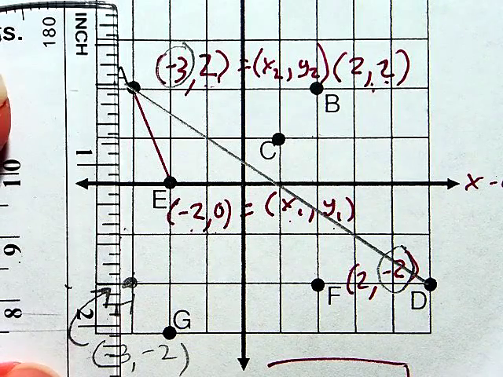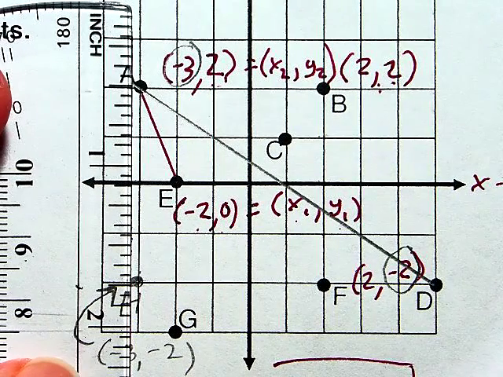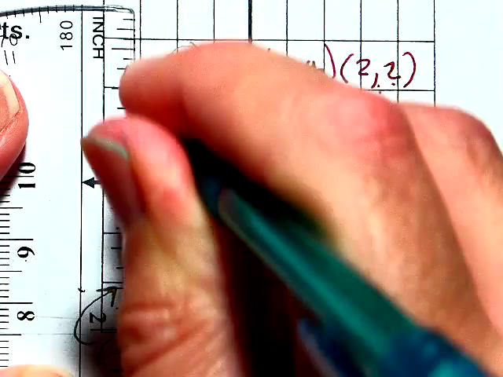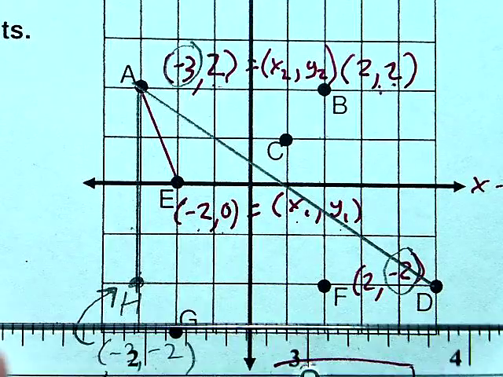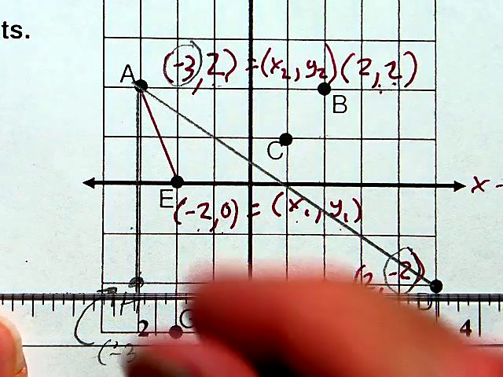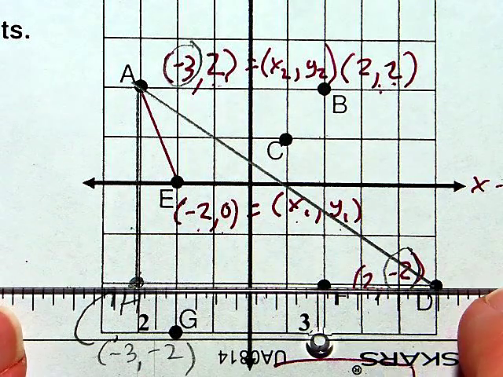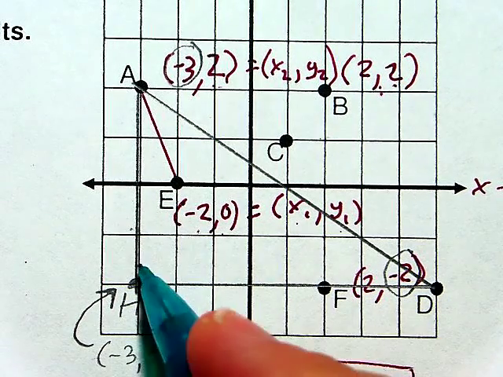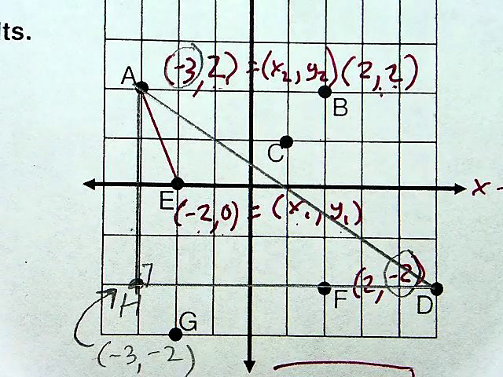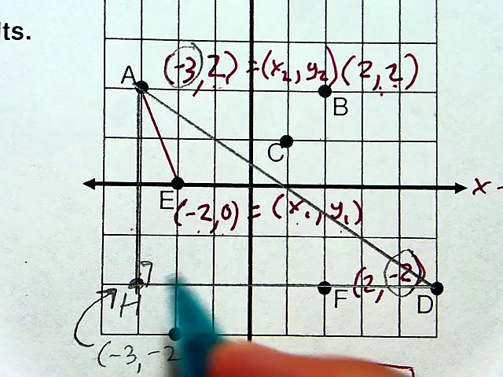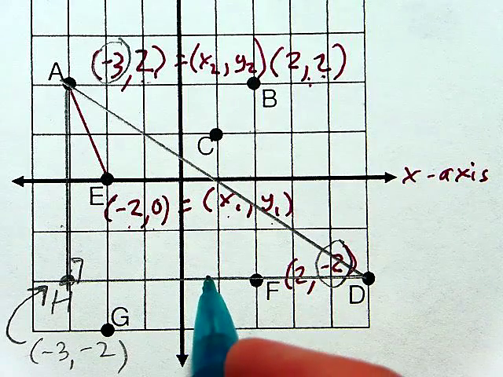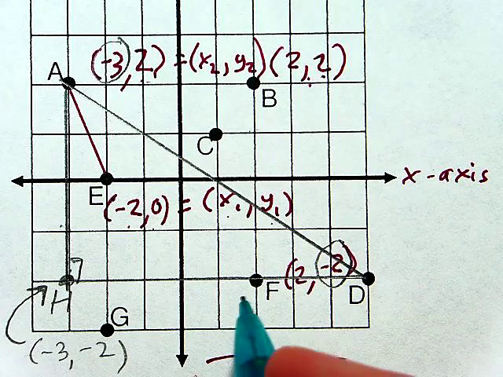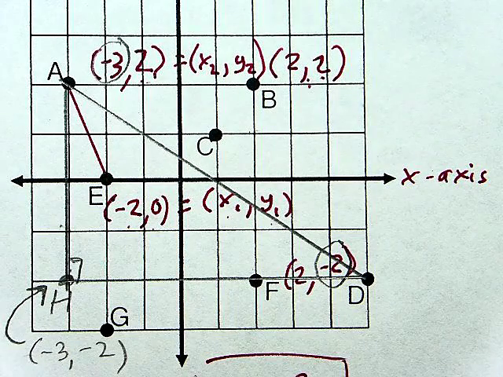Let's go ahead and draw the line segment AH. Okay, and let's draw the line segment HD. Okay, and this is where our right angle is. And we've got our right triangle now. So let's go ahead and count the lengths of the two sides so we can calculate the hypotenuse. So we're going to just call this by the name of its measure.